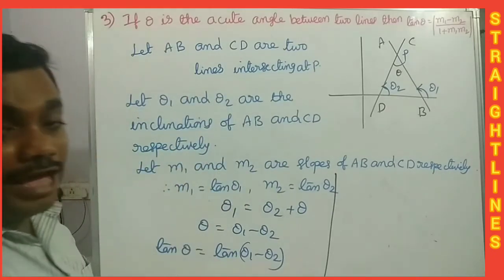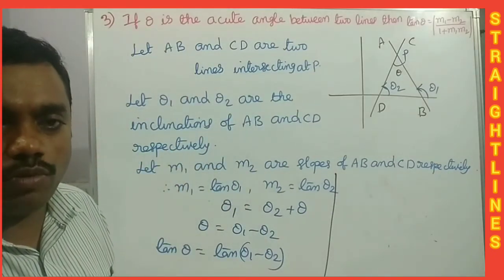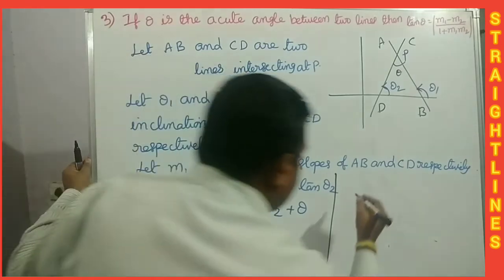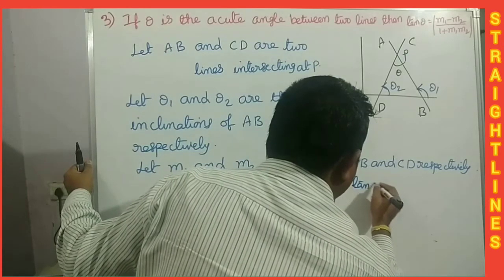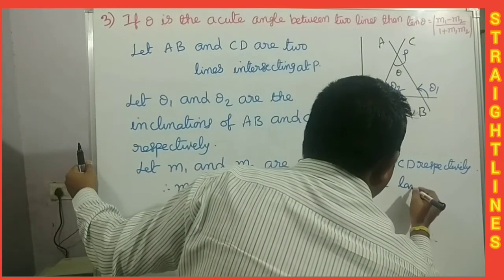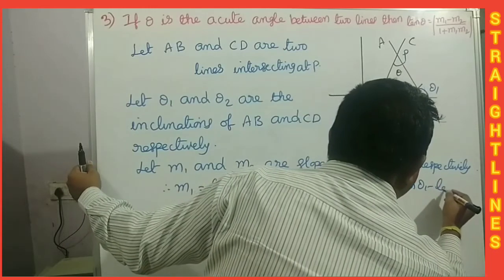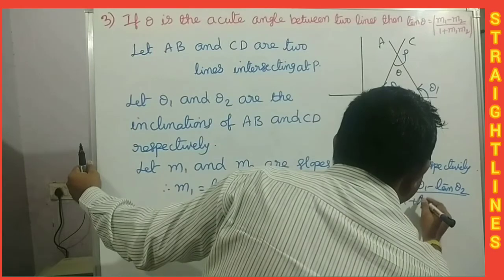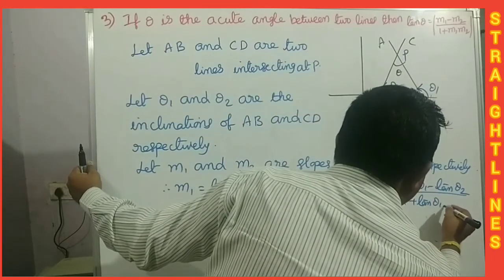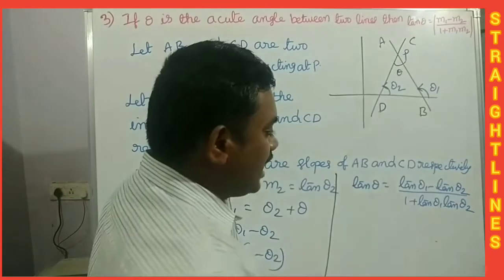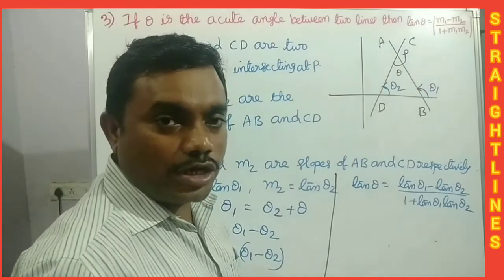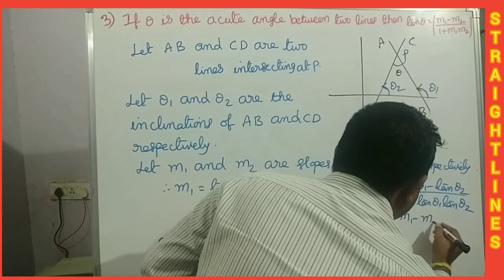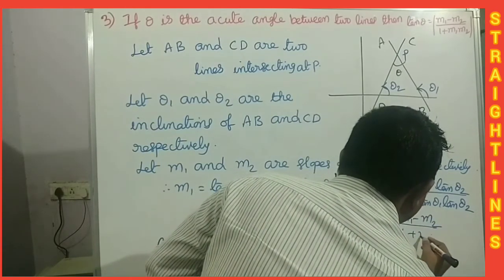Now we know the tan A minus B formula: tan A minus B equal to tan A minus tan B by 1 plus tan A tan B. Tan theta equal to tan theta 1 minus tan theta 2 by 1 plus tan theta 1 into tan theta 2. Tan theta 1 is M1, tan theta 2 value is M2. It is equal to M1 minus M2 by 1 plus M1 M2.